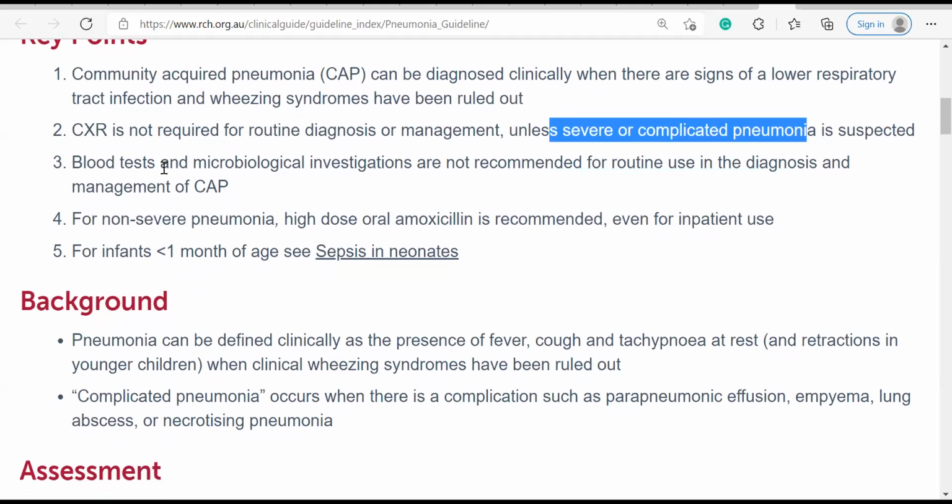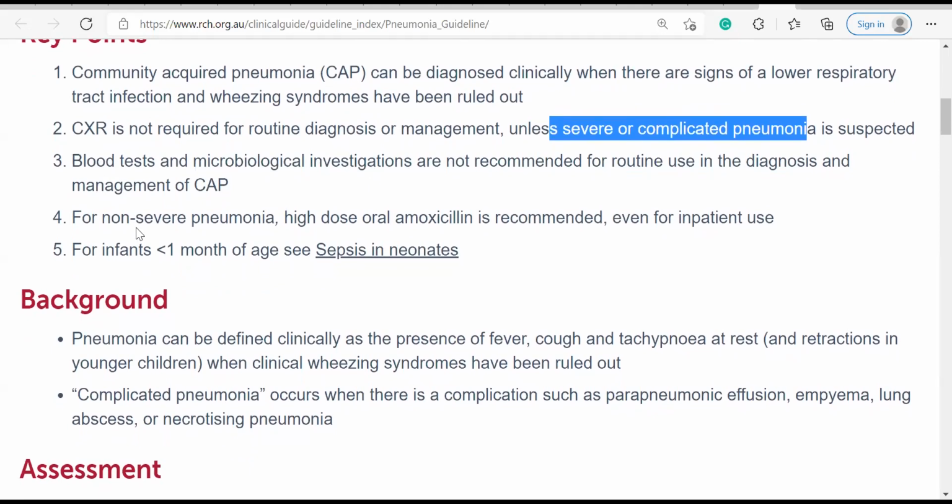We'll come into that. Blood tests and microbiological investigations are not recommended for routine use in diagnosis and management of community-acquired pneumonia. That means you don't need to do a full blood count, a blood culture or even a viral swab in a patient with suspected pneumonia, not for every patient.